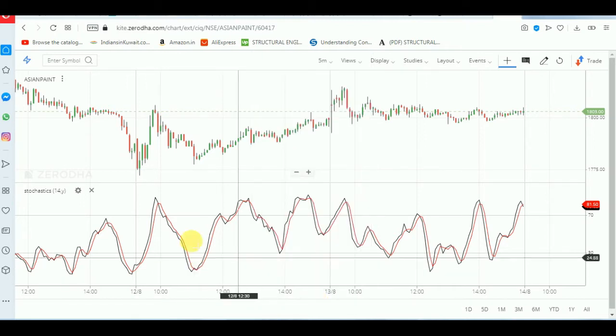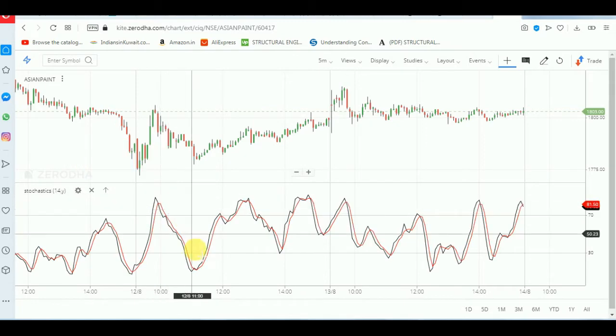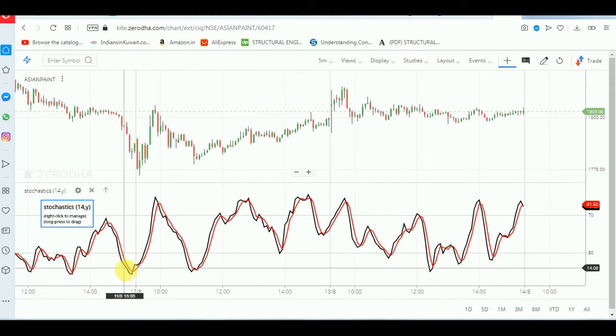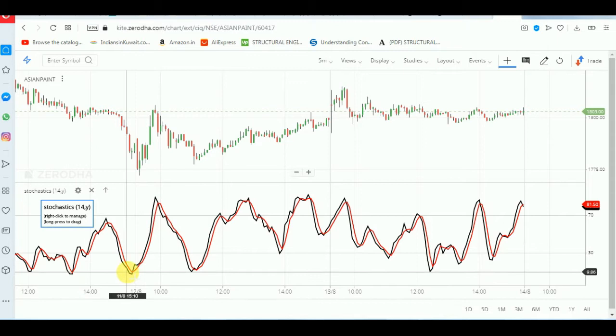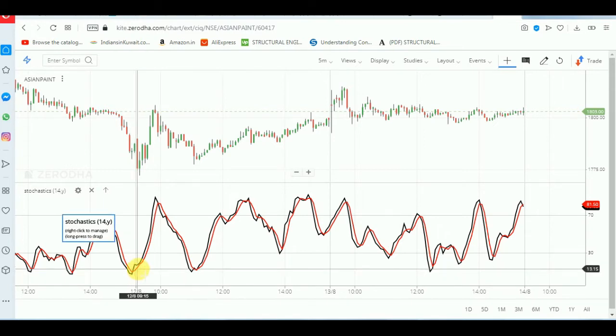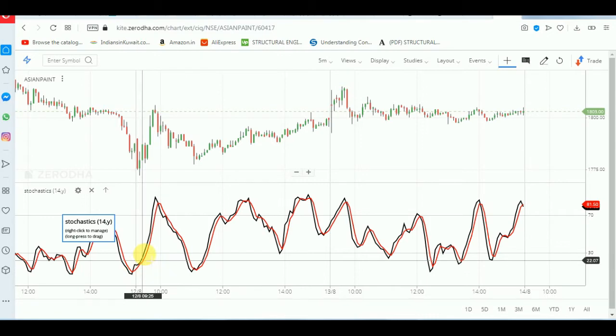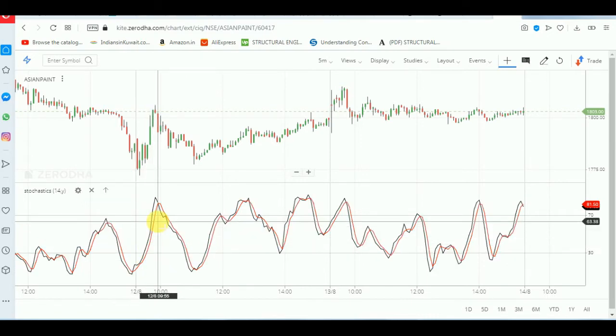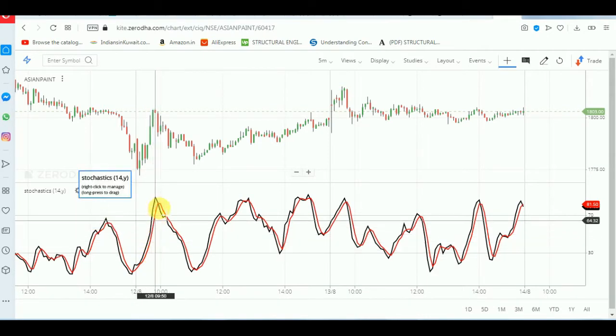So here, if we see this particular black line, once it crosses the red line, which means the fast line crosses the slow line, then it will move from the oversold to the overbought region.